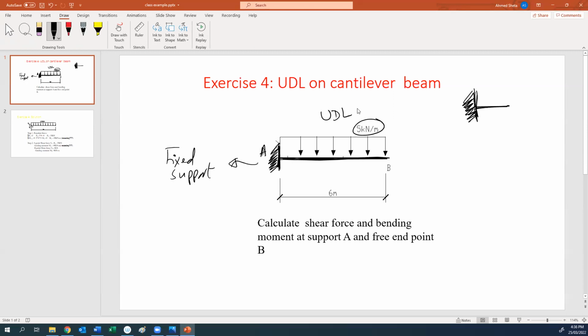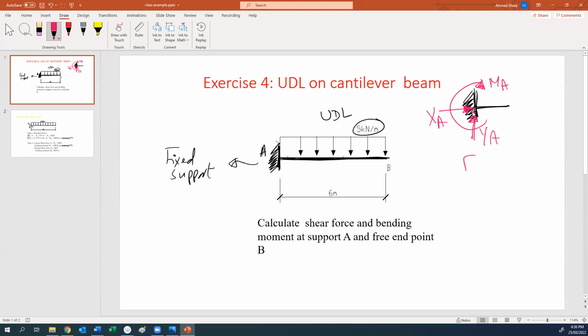And how many reactions in a fixed support? We have 3 reactions. We have XA, YA, and because it restricts rotation, we have MA.